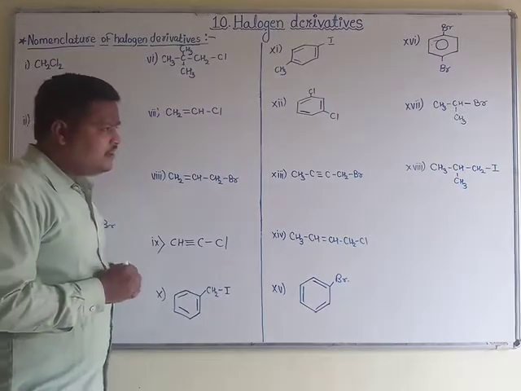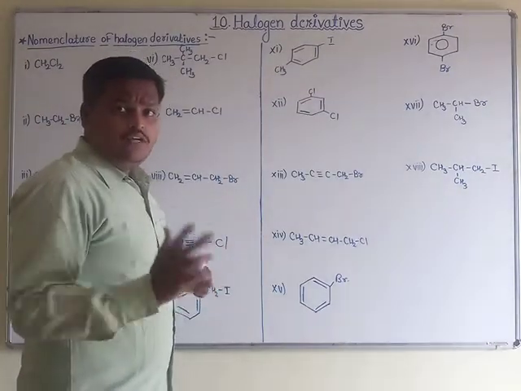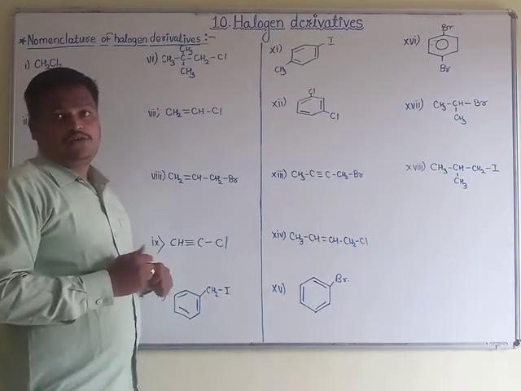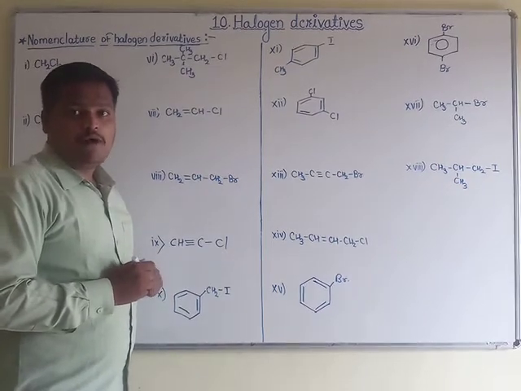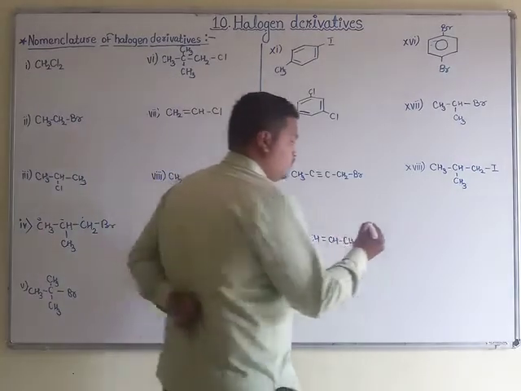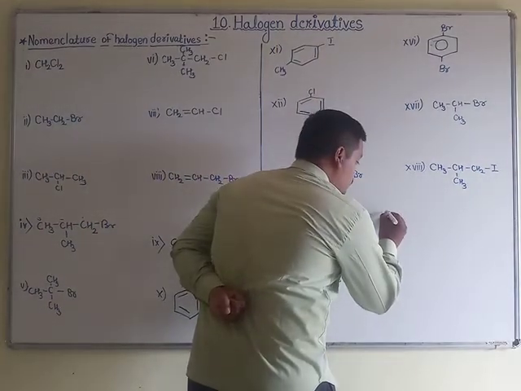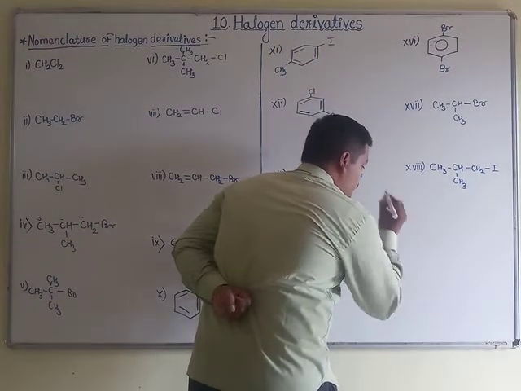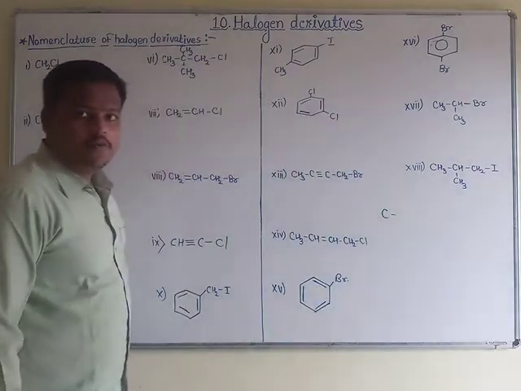Mostly two types of names are used to name a compound. First one is the common name.